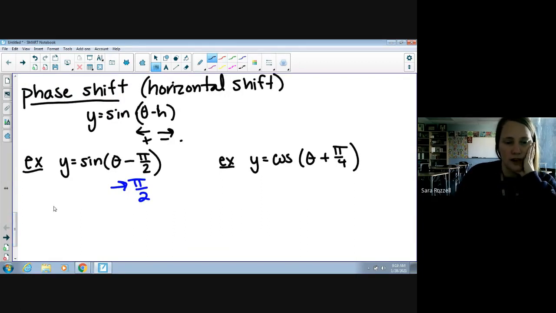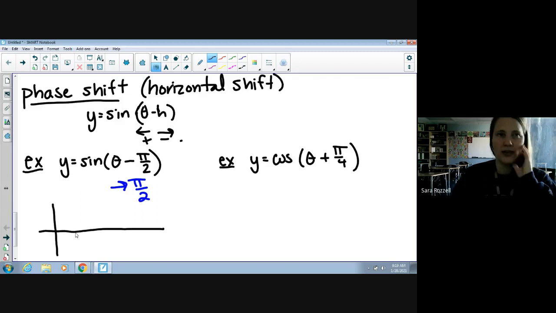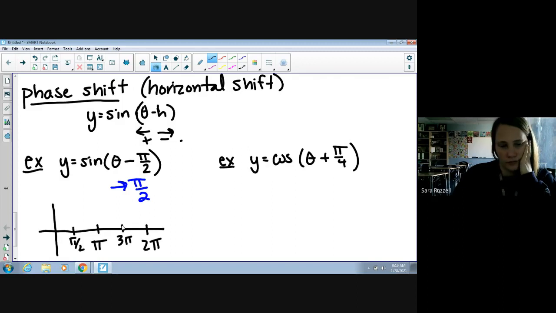So this is what I do when I draw these, just because I don't like to have to think about doing it. I just draw a regular one, and then I literally try and shift it pi over 2. So a regular one is between 0 and 2 pi. Here's my pi. You're doing it on CUDA, so it's going to be multiple choice.